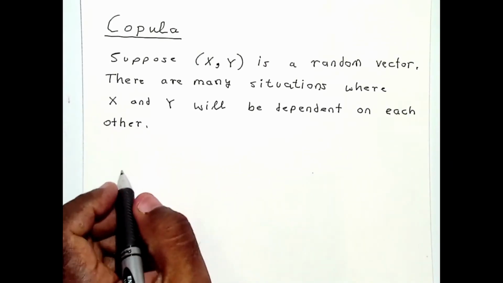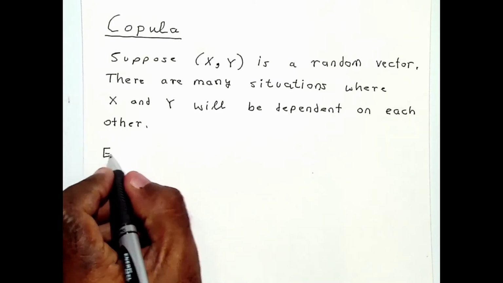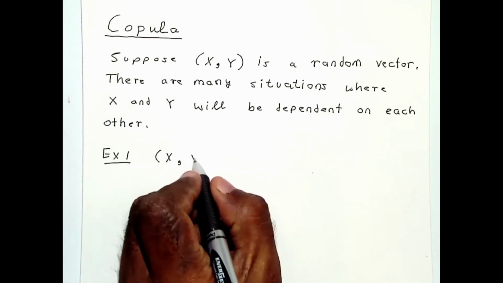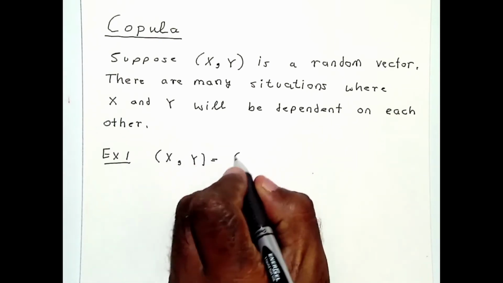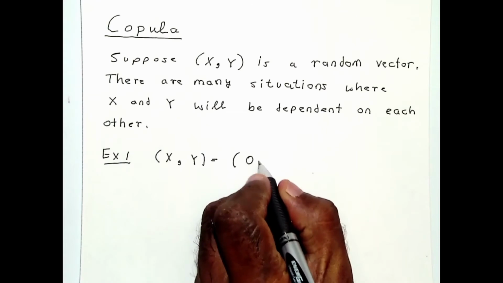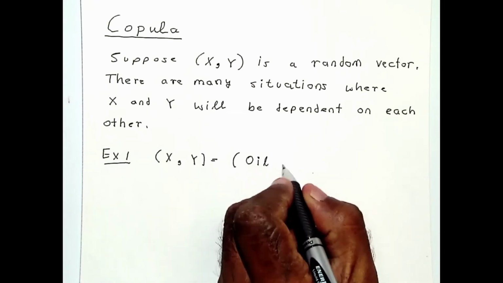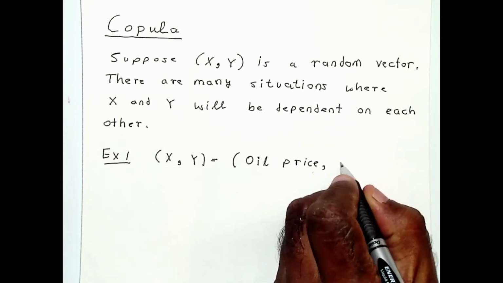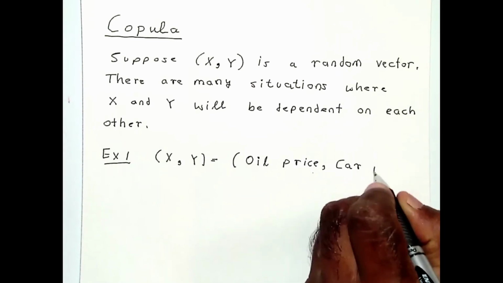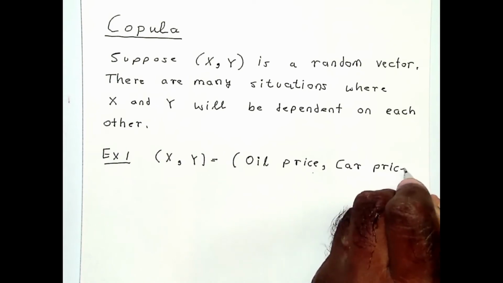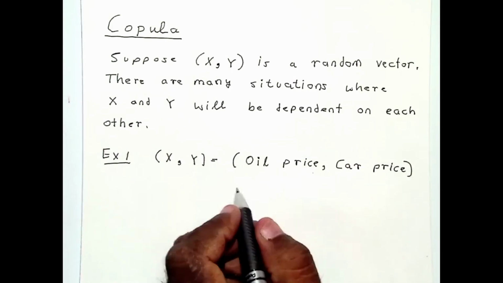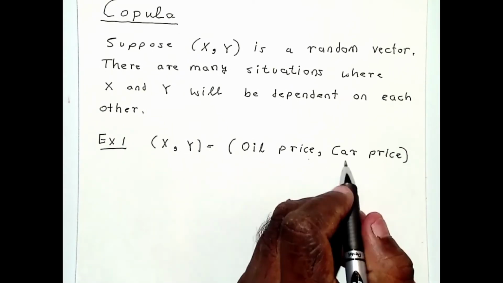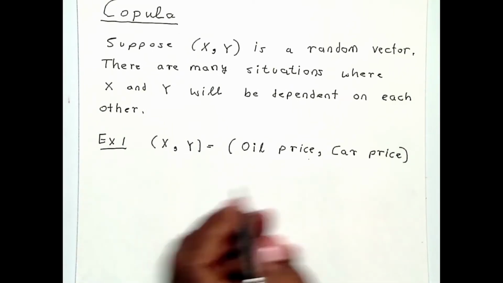Now I'll give you a couple of examples. Example 1 is where X comma Y equal to the oil price and the car price. Obviously these two variables are dependent because whenever the oil price goes up, the car price will also go up, right?